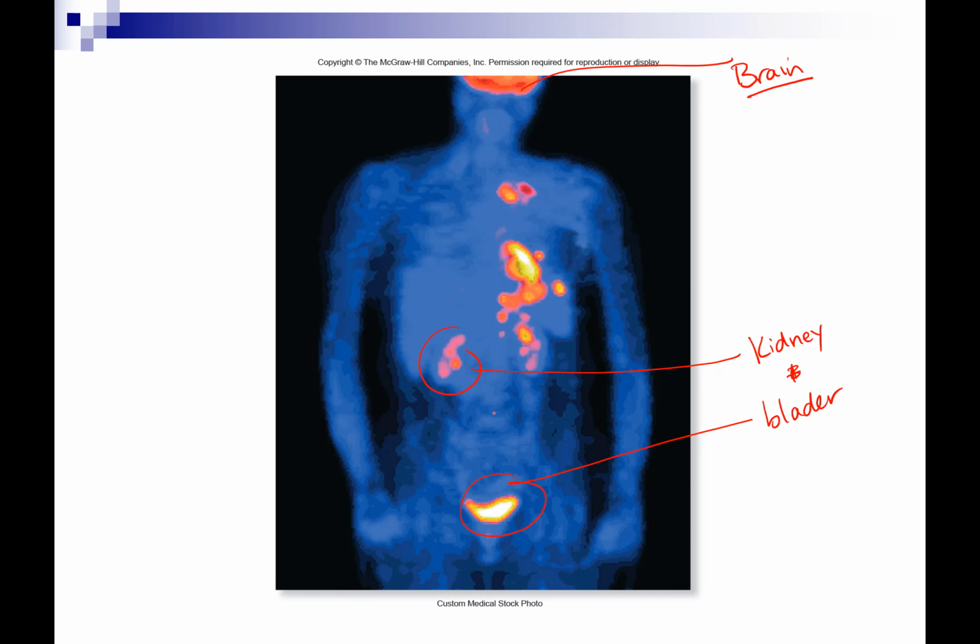So the kidneys are filtering it, the bladder's getting ready to release it from the body, but here are where the tumors are.